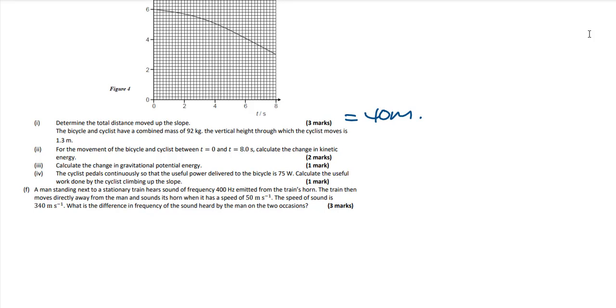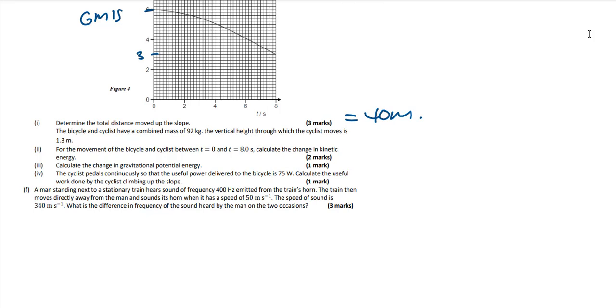When t is equal to 0, we have 6 meters per second. When t is equal to 8, we extrapolate here, and it should be exactly 3.